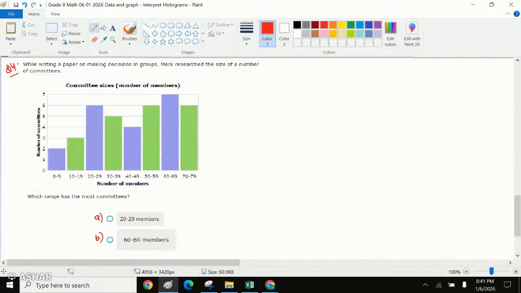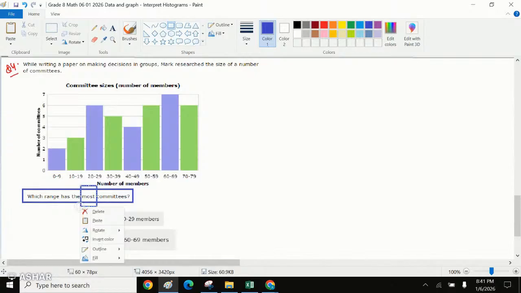So the keyword over here is most. Which range has the most, right? This is our keyword, most. And most would always refer to, what would it refer to? The highest, right? What should be the highest over here?